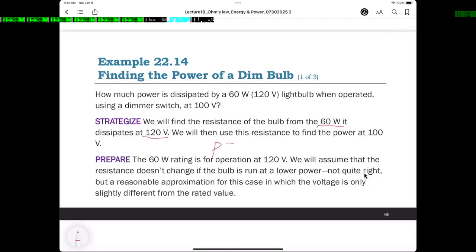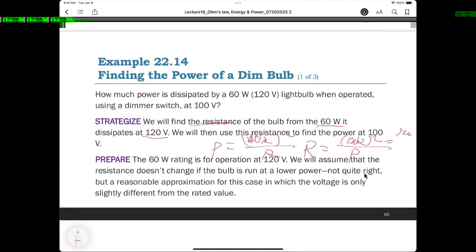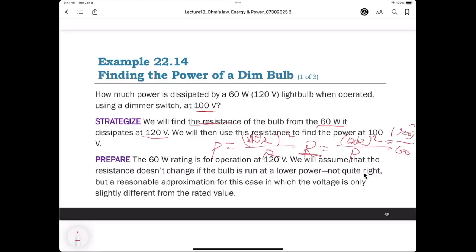We use P equals delta VR squared divided by R to find the resistor. The resistor equals delta VR squared divided by P, and this one is 120 squared divided by 16. Then we can get this resistor, and then for 100 volts, since we know the resistor, we can calculate the power.